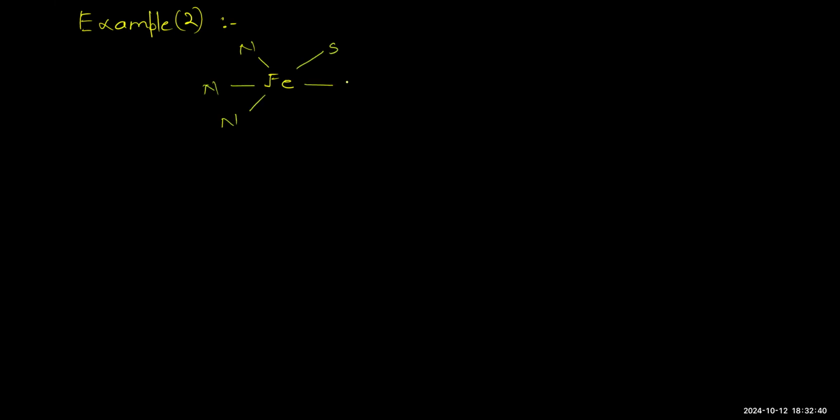If not, then we move to our example 2. So here we have a structure which is bound with nitrogens and sulfur, enriched with sulfur, and here is a cobalt center also.